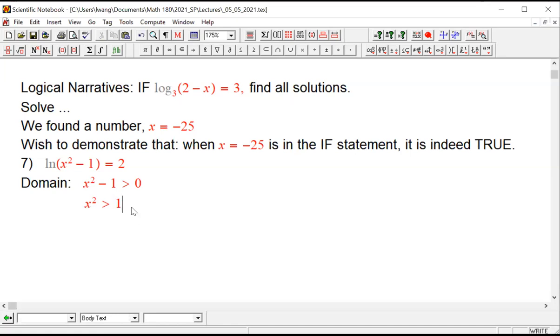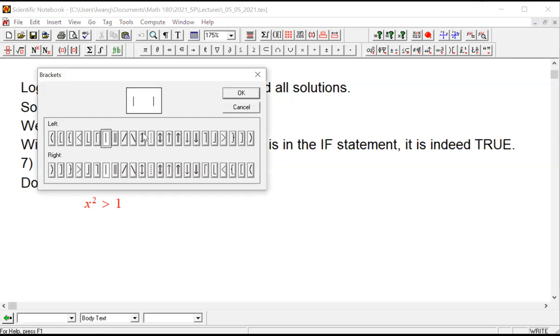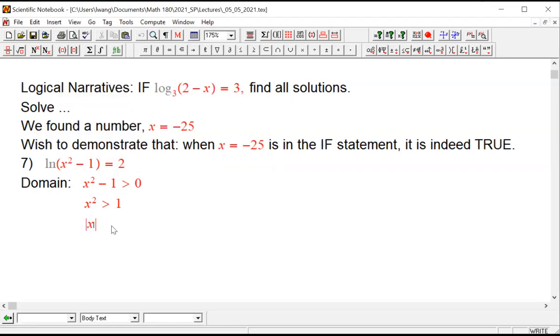That is equivalent to, taking the square root on both sides, the absolute value of x is larger than 1. You see, all of these end up somewhere basic.